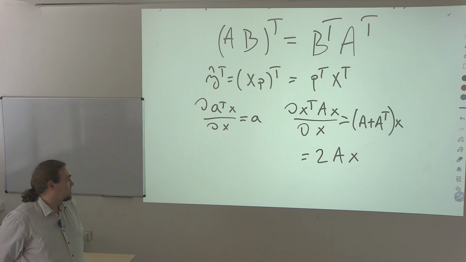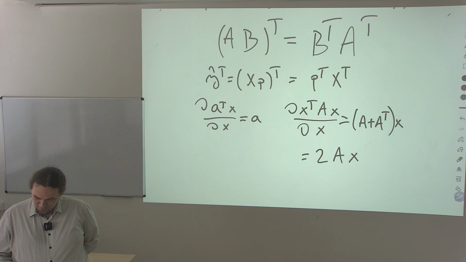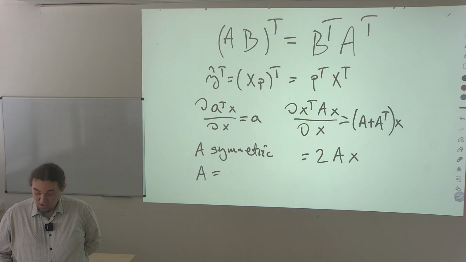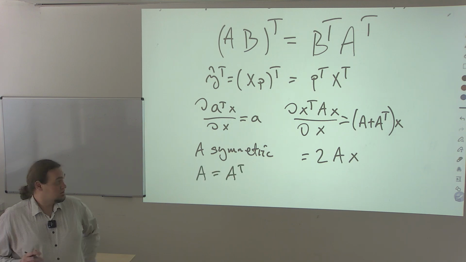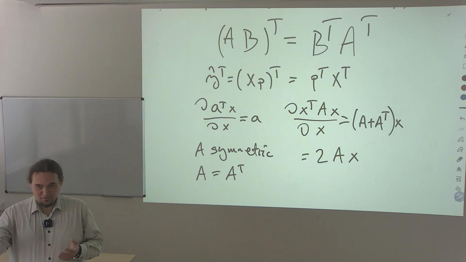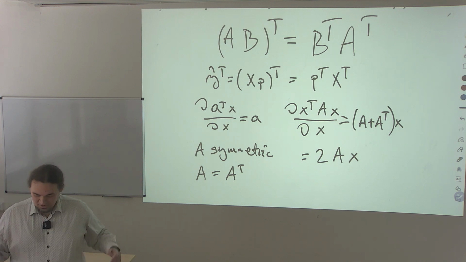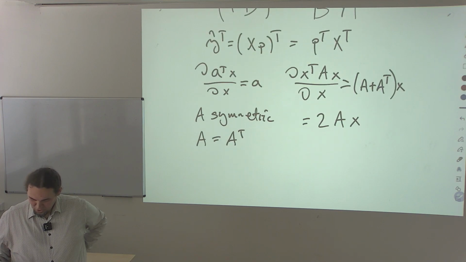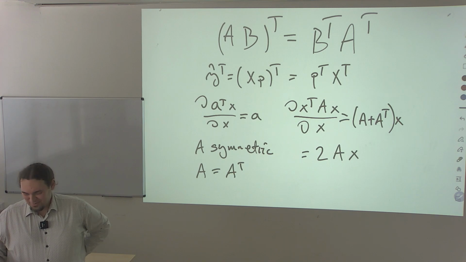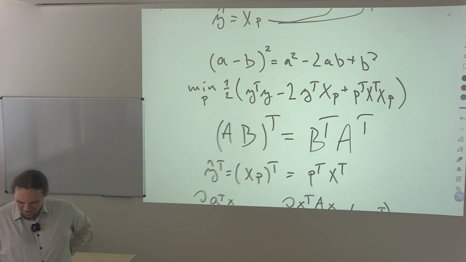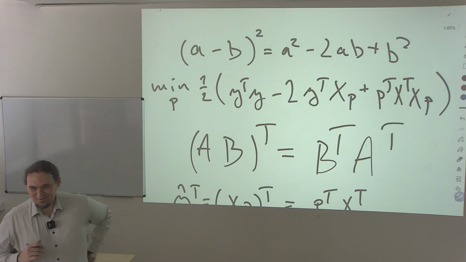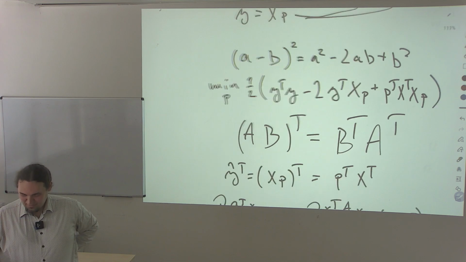Because if A is symmetric, then A is equal to A transpose, right? If we flip the rows and columns, we get the same thing because it's a mirror image of itself. Since I'm mentioning it, this matrix, X transpose X, is probably symmetric.